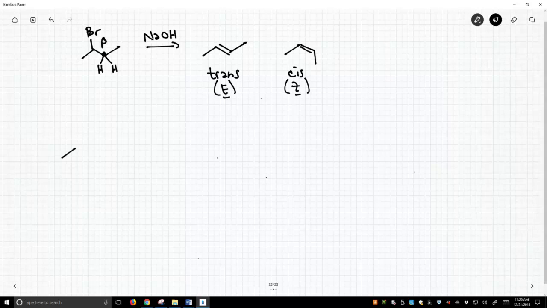So let's draw a more specific picture of our molecule. There's our bromine. We'll define our stereocenter. And there are our beta hydrogens. So to do this, we need to look at Newman projections to see the relationship between our halide and our beta hydrogens. So here is one Newman projection. Looks a little clumsy, doesn't it?